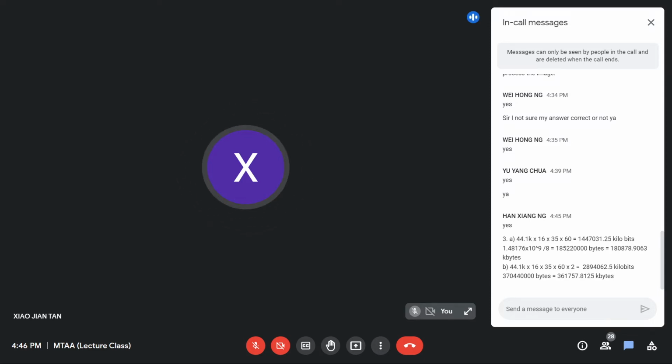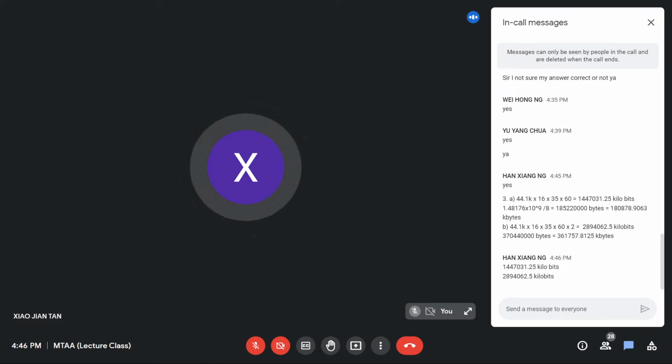Yeah, because you have 16-bit, right? If you divide by 8, you are converting to bytes, and then dividing by 1024 is converting to kilobytes, and so on. Perhaps you don't need to divide by 8, because the question is asking for kilobits, not kilobytes.